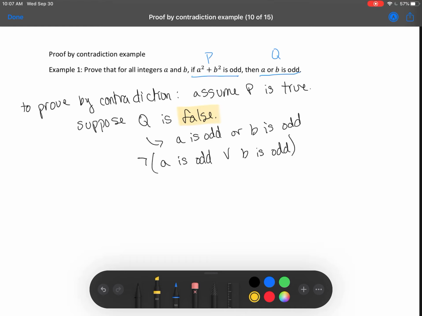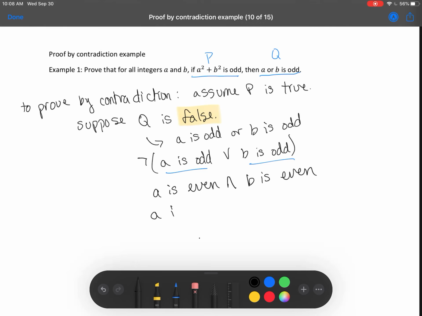If we're negating the statement a is odd or b is odd, then remember, we negate each piece separately. So we're negating a is odd, we're negating b is odd. So that would turn into a is even, b is even. But remember that when we negate an or, it becomes an and.